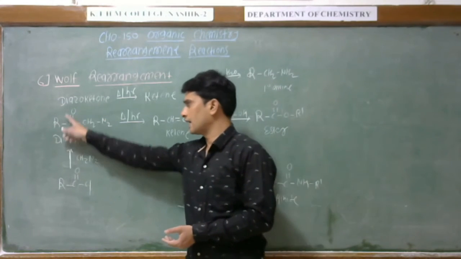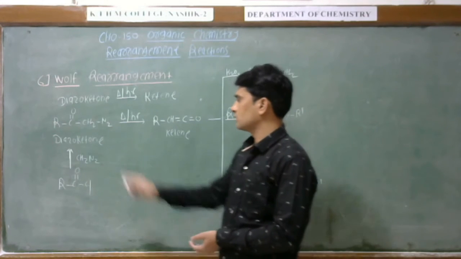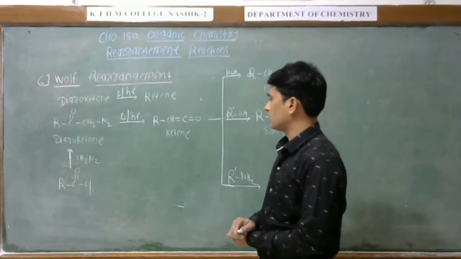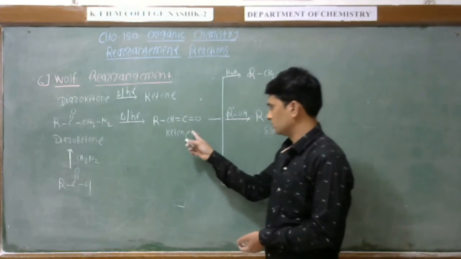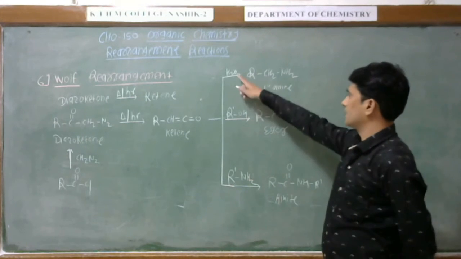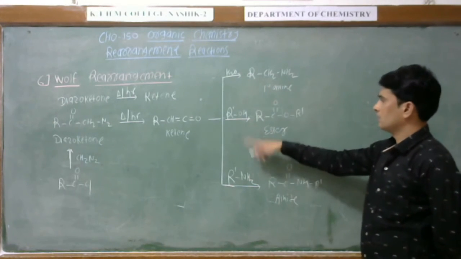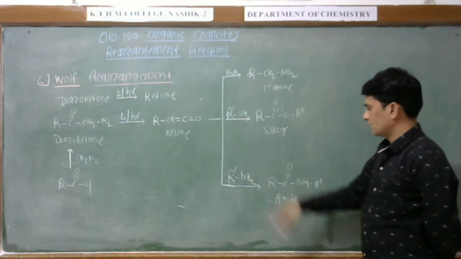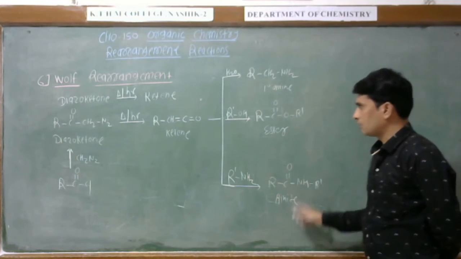It gives a diazoketone, and this diazoketone, when irradiated with light or heated, gives ketene. This ketene reacts with water to give the acid, with alcohol gives the ester, and with amine gives the amide.